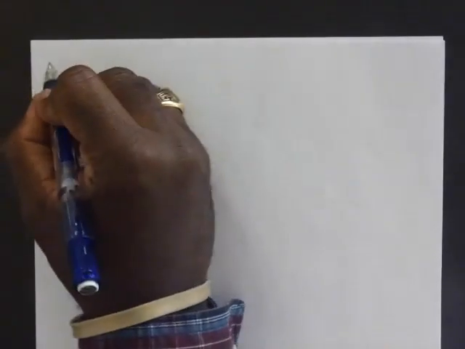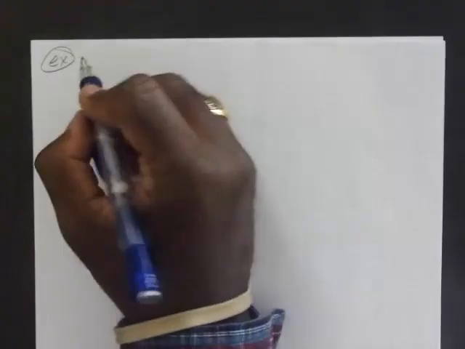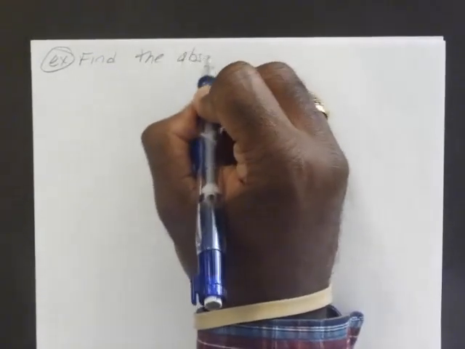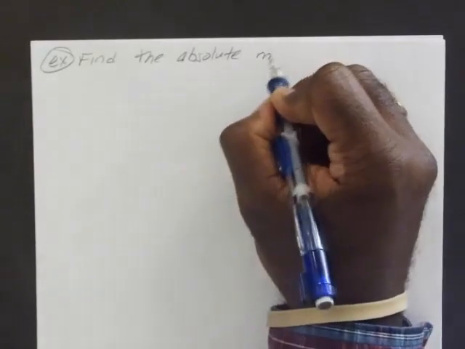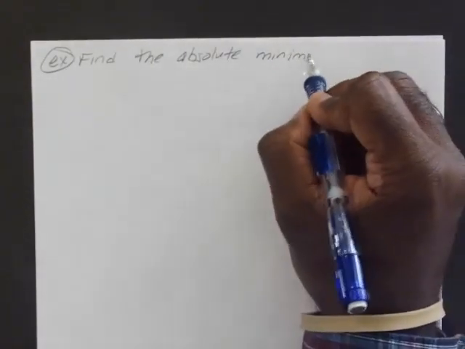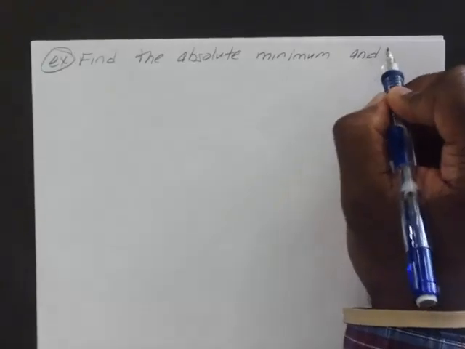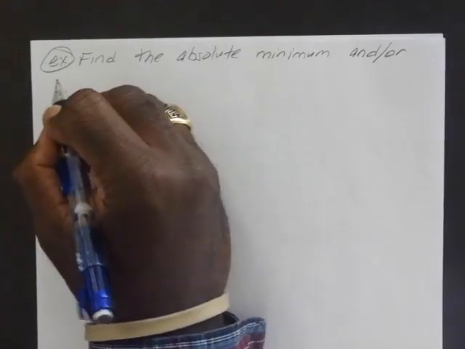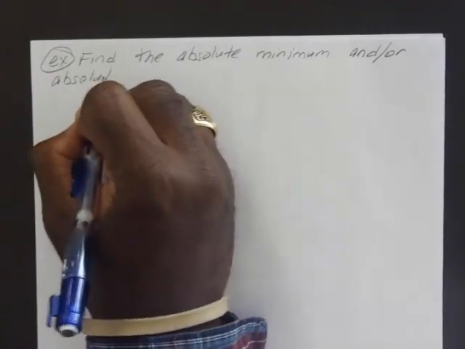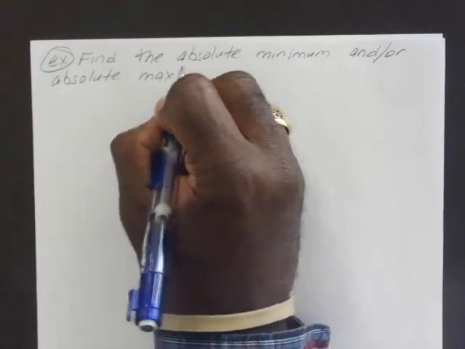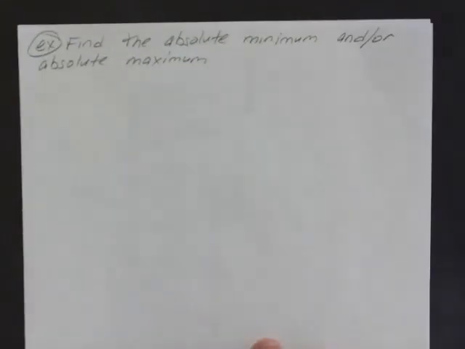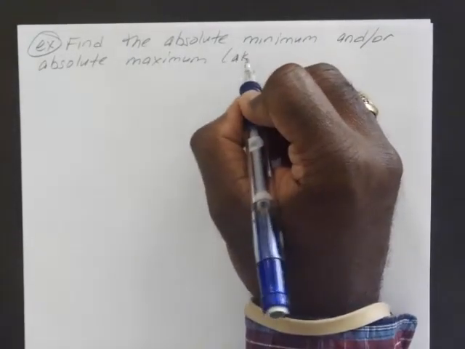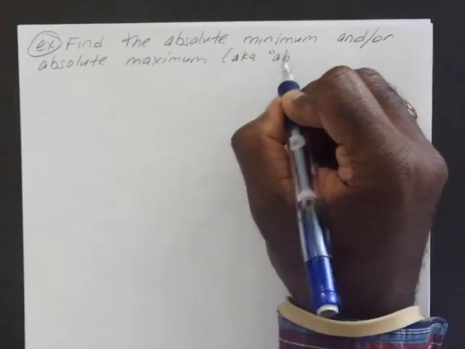So let's say, for example, we wanted to find the absolute minimum and/or absolute maximum. It could be one, could be the other, could be both. Just in case, every once in a while, this is also known as the absolute extrema.